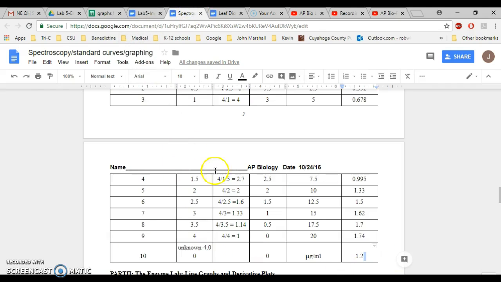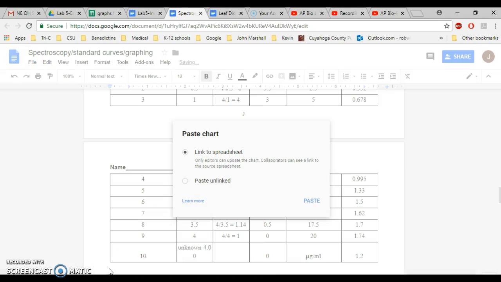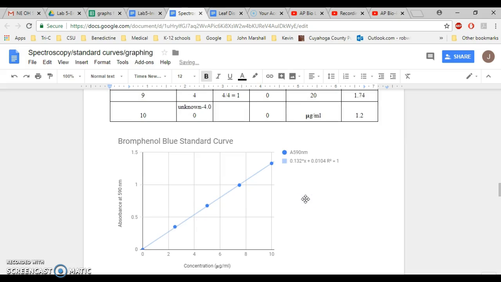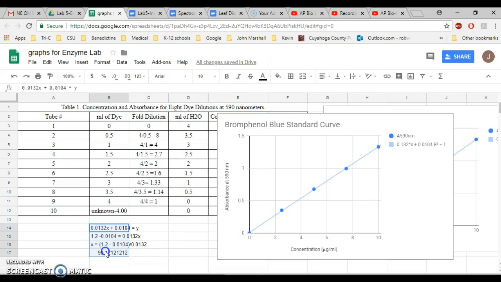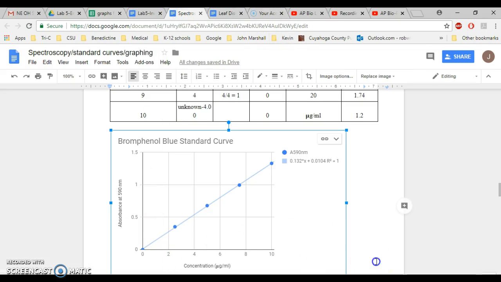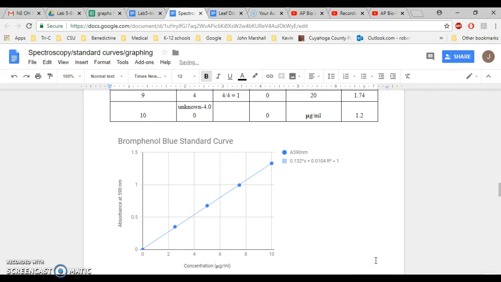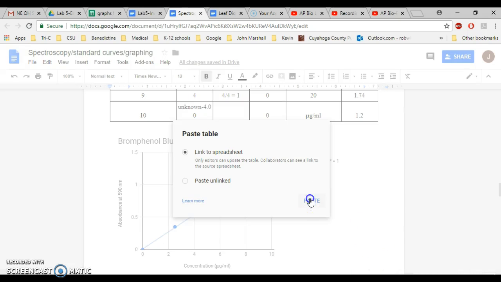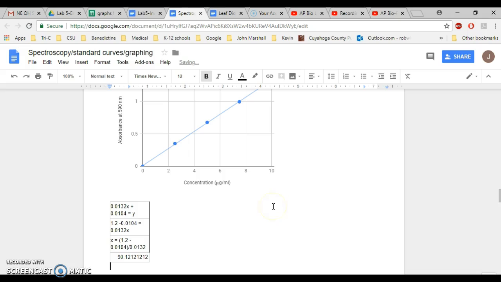You can even add the information that you use to calculate the concentration of your unknown just by selecting it. Okay? So now this is how you're going to set up just about everything in your enzymes lab.